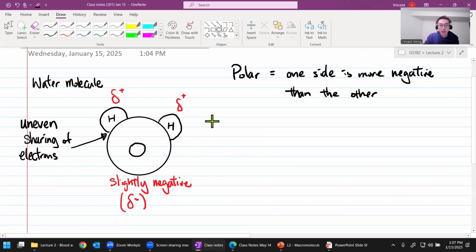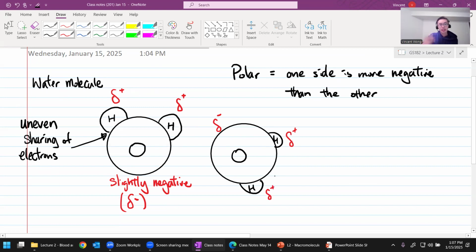Let's draw another water molecule here, another Mickey Mouse. So over here, the O is slightly negative for the same reason. Here we have slightly positive.